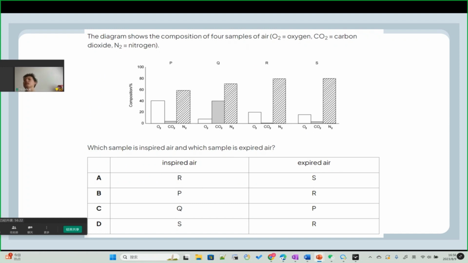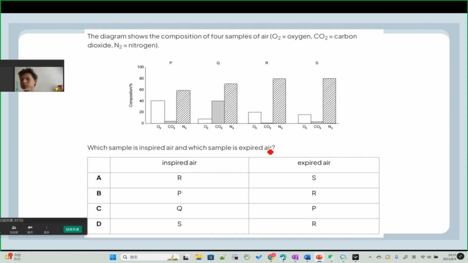How about this question? Will it be R and S, right?